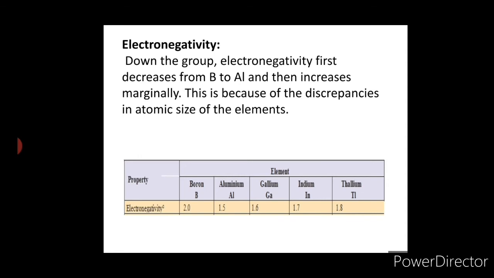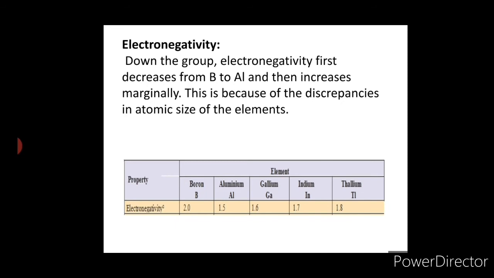Now the next property is electronegativity. Electronegativity is the property of a shared atom to attract the shared electron pair towards itself. As we have already discussed the variation in atomic radii, that is why the variation of electronegativity in this group is not regular.